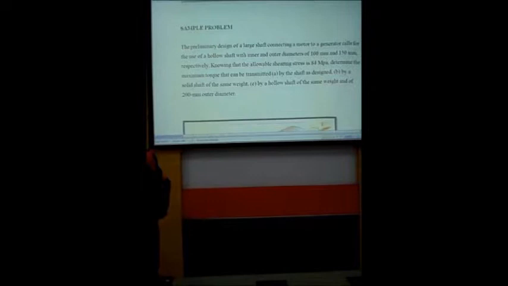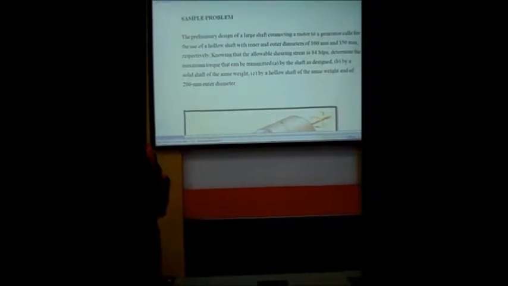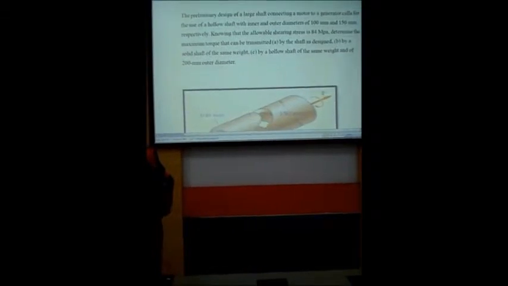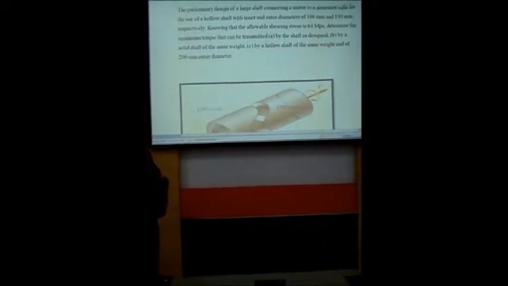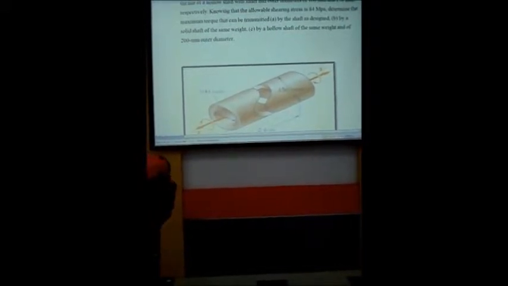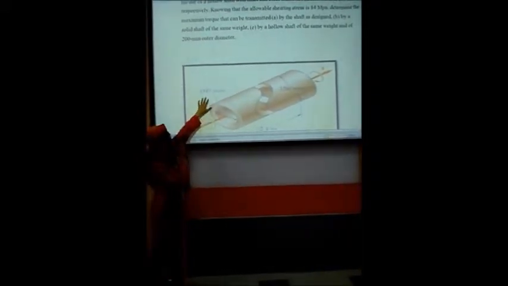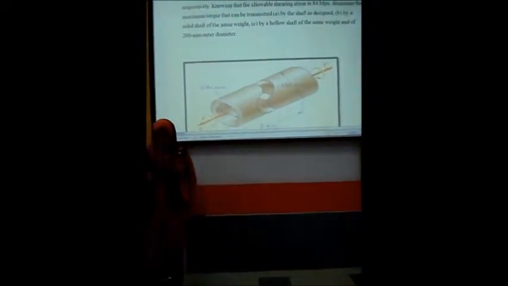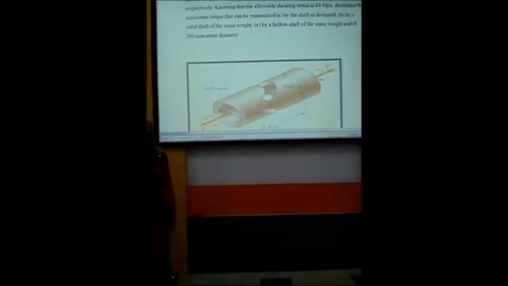And then the sample problem: the preliminary design of a large shaft connecting a motor to a generator calls for the use of a hollow shaft with inner and outer diameters of 100 mm and 150 mm respectively.